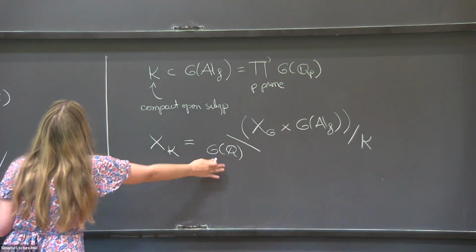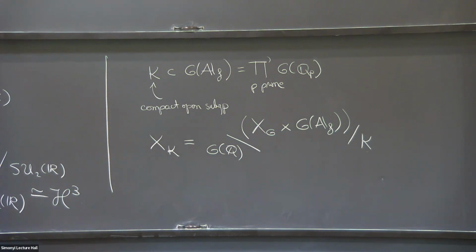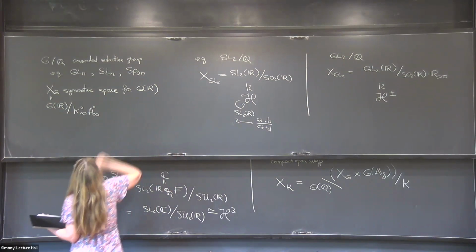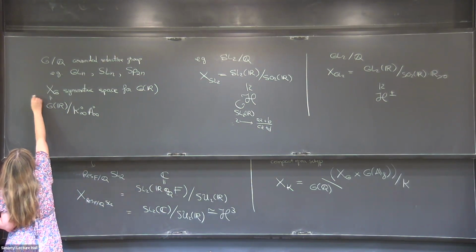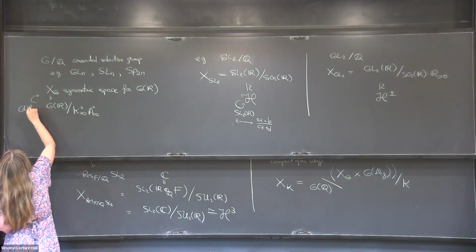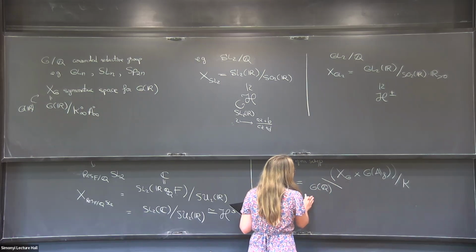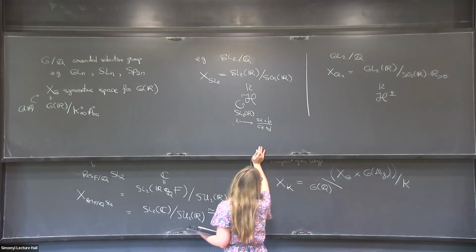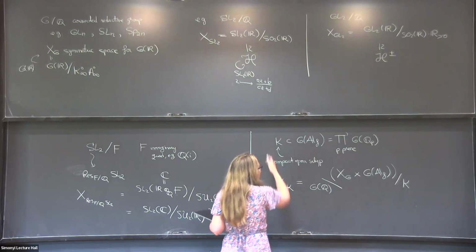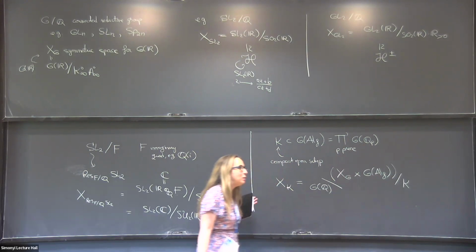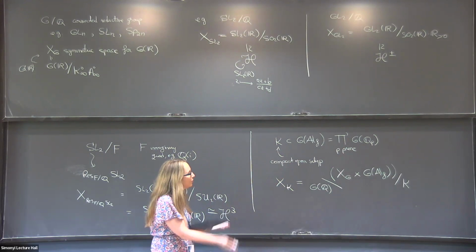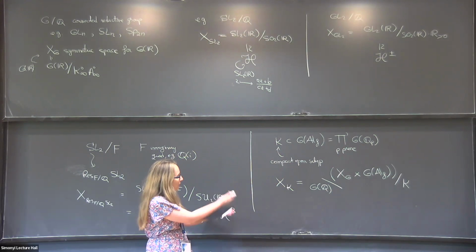So G(Q) embeds into G(R), and G(R) acts on the symmetric space. And it also embeds into each G(Q_p), where p is prime. Okay, so this is a very fancy way of thinking about this.